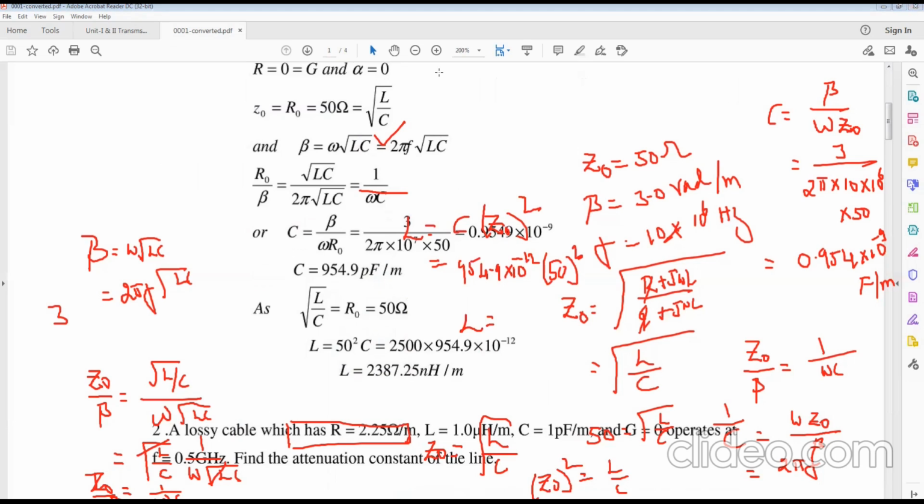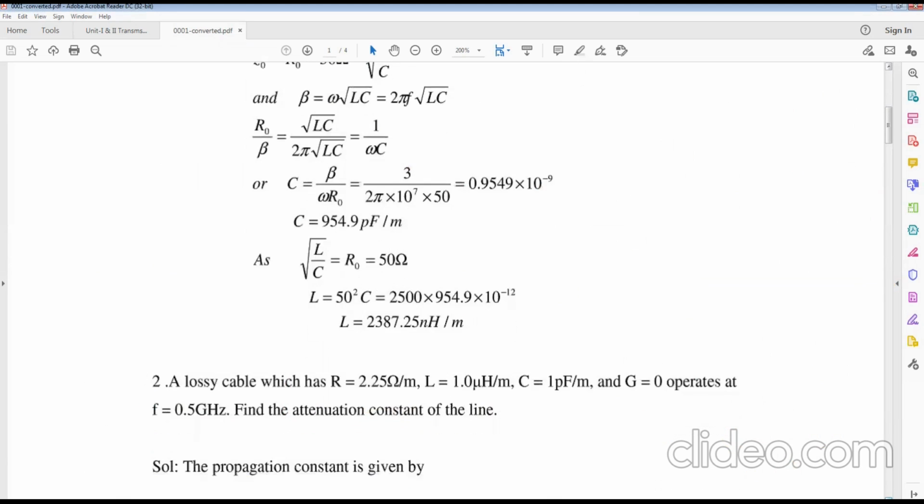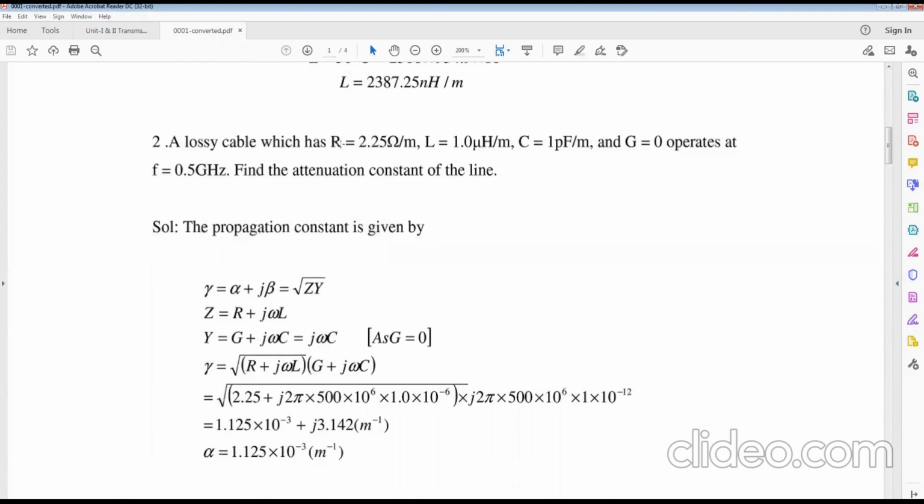Okay, my dear students. But the next example, a lossy cable with R, L, C and G given, operates at a frequency. Find the attenuation constant. What is the attenuation constant?